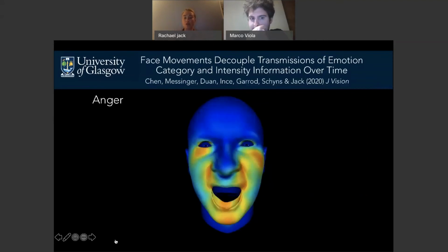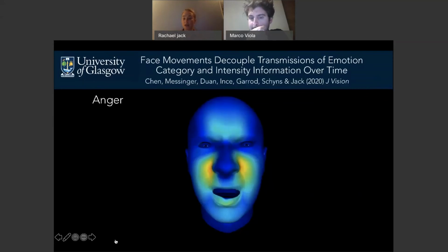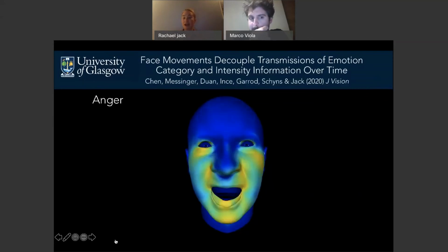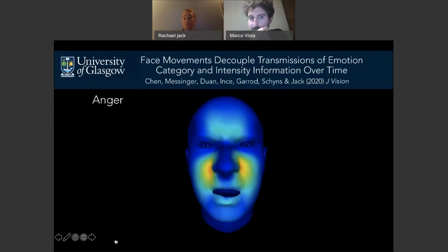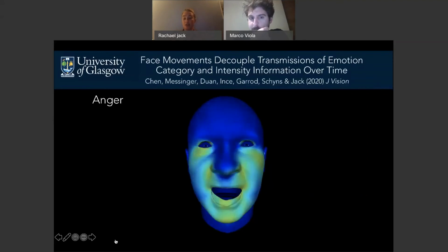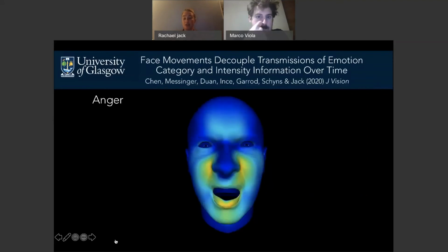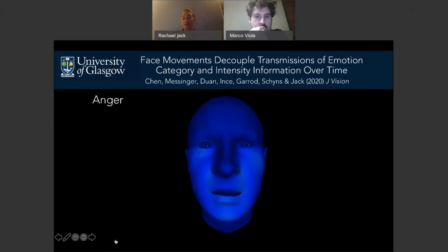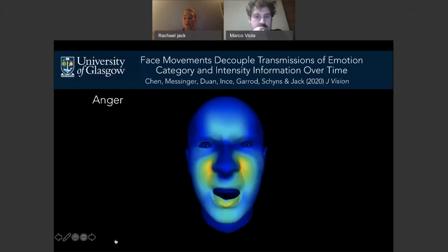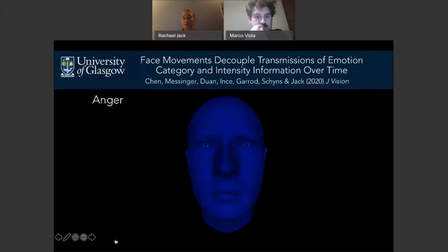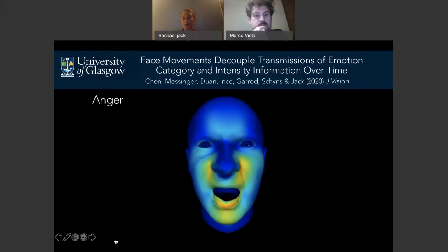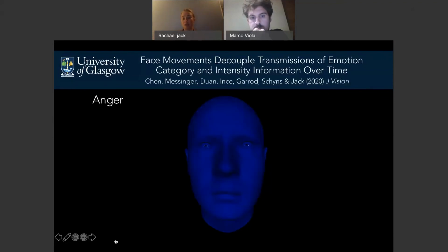Now the nose wrinkler for anger is transmitting the category anger. It's telling the person this is an angry emotion. The eye whites and the mouth are highly associated with intensity. So the category comes first, the intensity information comes later. So nose wrinkler followed by wide open mouth and the eye whites.